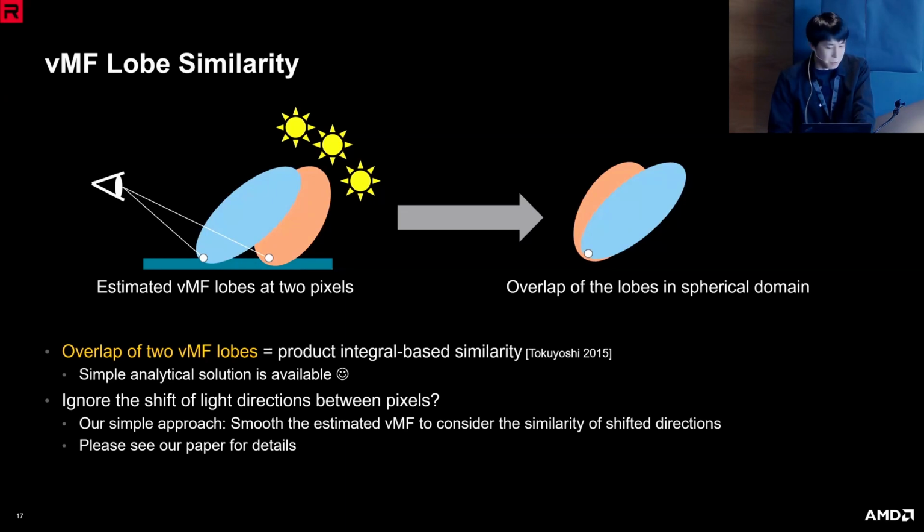Therefore, to obtain the similarity based on the distance between shifted directions for such high frequency PDFs, we smooth the estimated VMF lobes. Then we compute the similarity of the smoothed VMF lobes. For the detail, please refer to our paper.